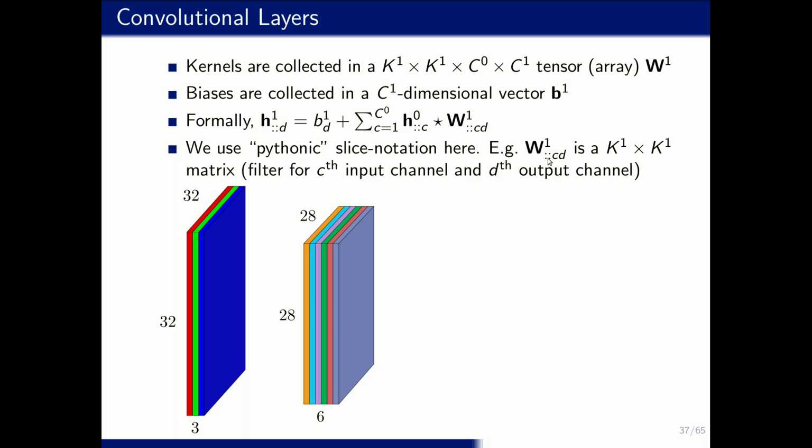W1 is a 4-dimensional tensor, and if we fix C and D, then this will be essentially the first matrix slice, the K1 times K1 matrix. Great, so this is how we transform. This is the convolutional layer using this 4-dimensional convolutional array and bias vector.